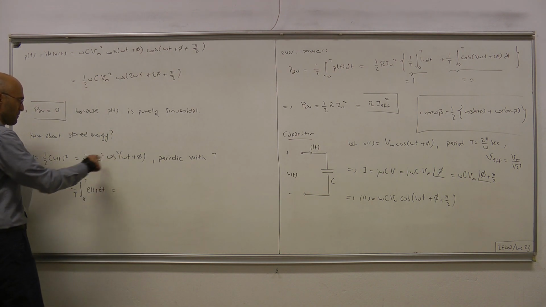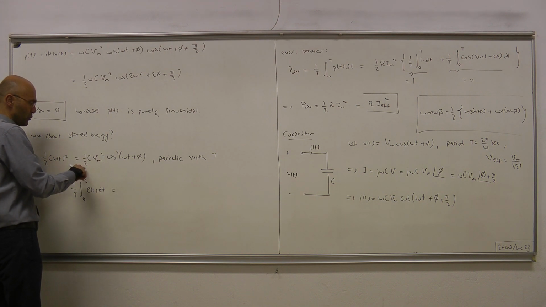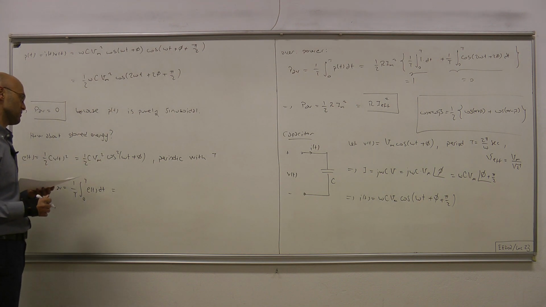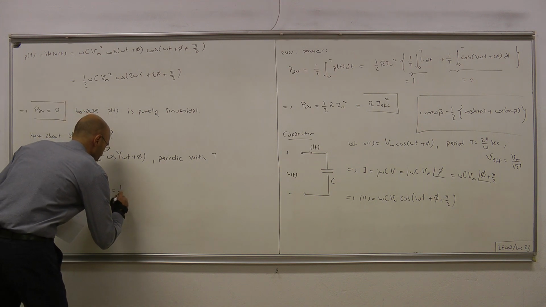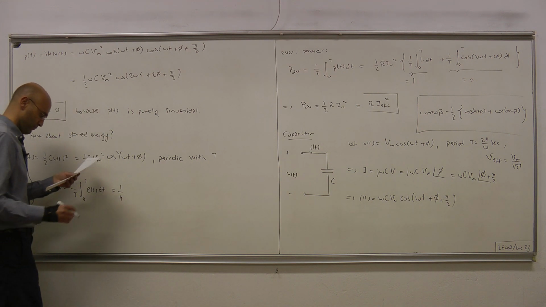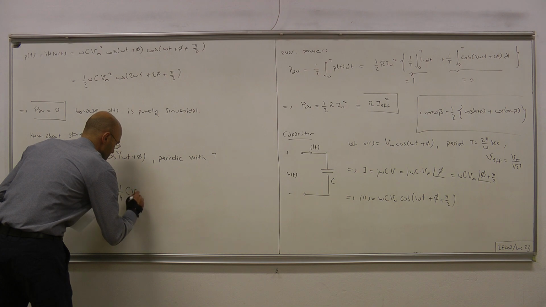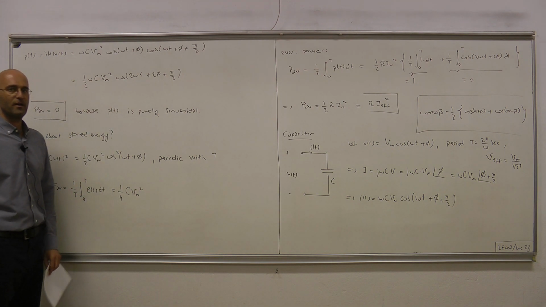And therefore, what we have is the magnitude, times 1/2, that constant term. So 1/2, another 1/2, that makes 1/4 C times the magnitude squared of the voltage.